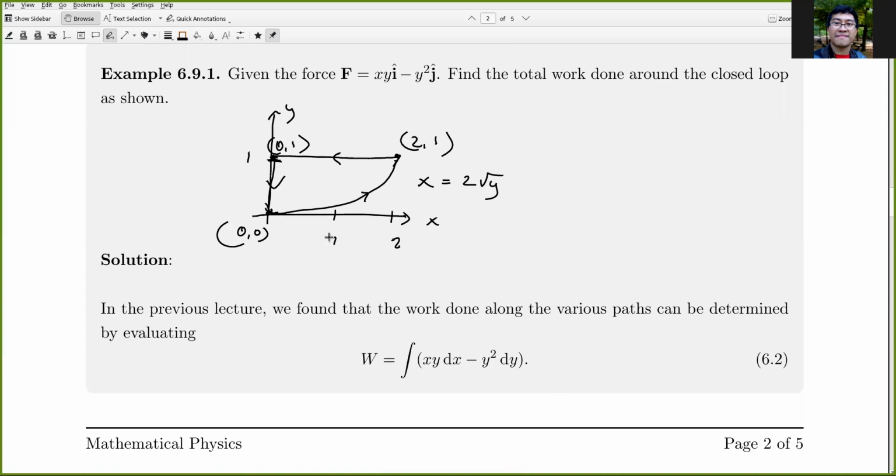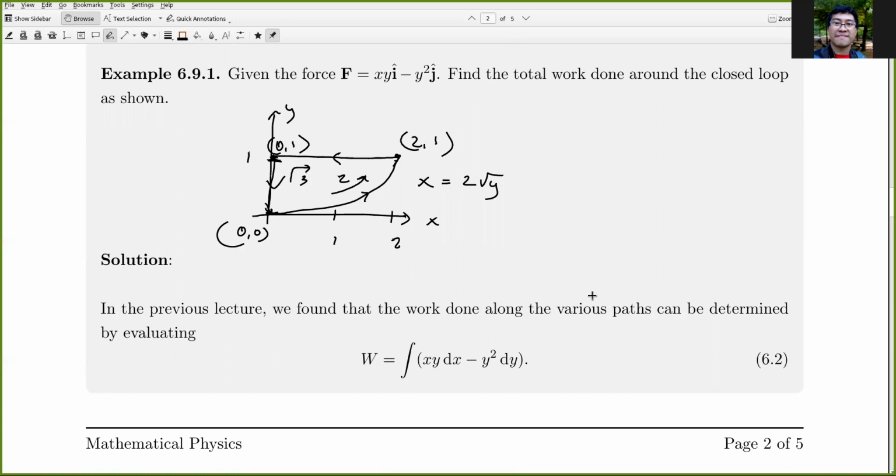This is the same example we had in the previous lecture. There we calculated the work done along different paths. So this is path 2. This one is path 3, from 0, 0 to 2, 1. Here in this example, you'll find the total work done around the closed loop. So we add path 2 and the negative of the work done on path 3.